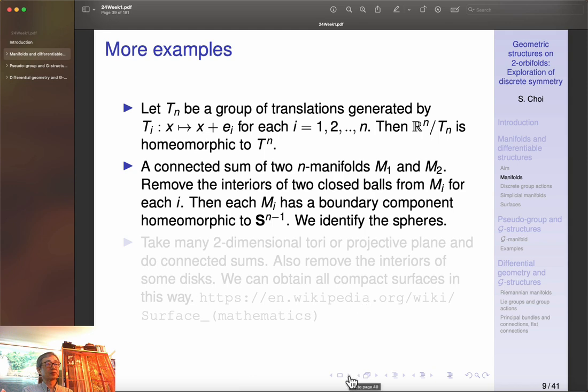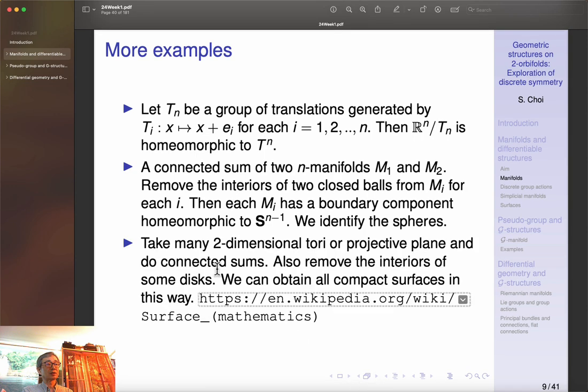Of course we need to prove that, by saying that the neighborhoods are identified to some neighborhoods and so on. So take, for example, two-dimensional tori and projective planes and do connected sums. Then you can obtain all the compact surfaces in this way, up to homeomorphism, of course.